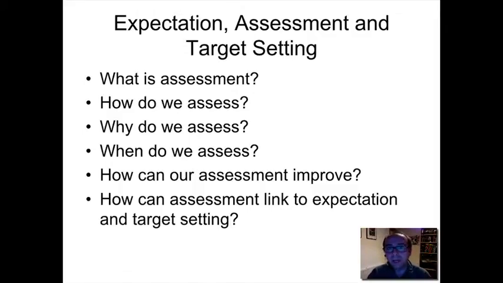Okay, so in this presentation we're going to discuss the 6 points that we've got here. What is assessment? Just exactly what is it? We all do it, we probably all do it differently. So what exactly is this common idea of what assessment is? How do we assess? And the different ways in which we are told to do it and how we might do it anyway. Why do we assess?